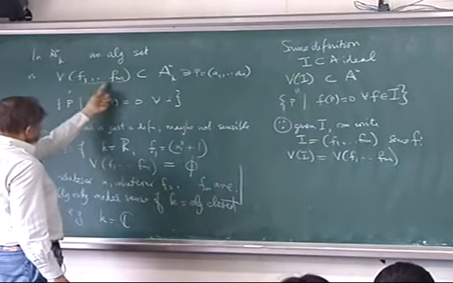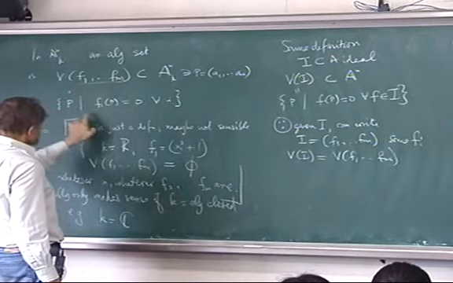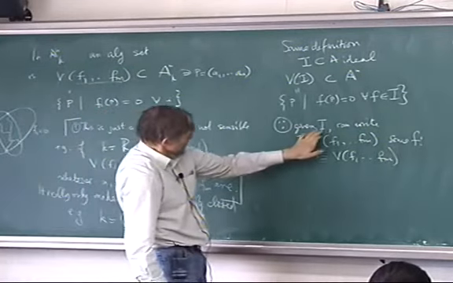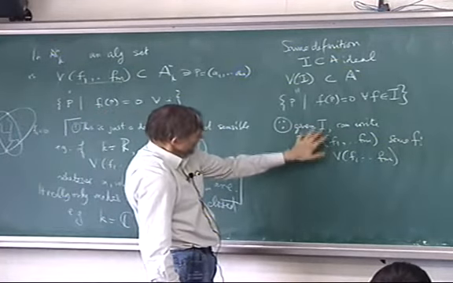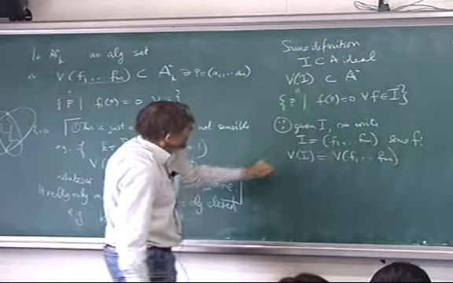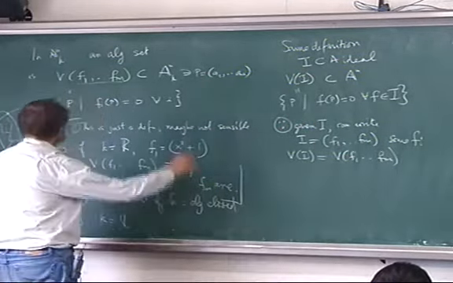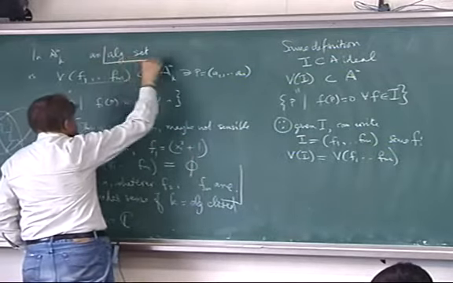If these generating guys vanish at a point, then all their linear combinations vanish, so also everything in I vanishes, and conversely. So this is the definition of an algebraic set.